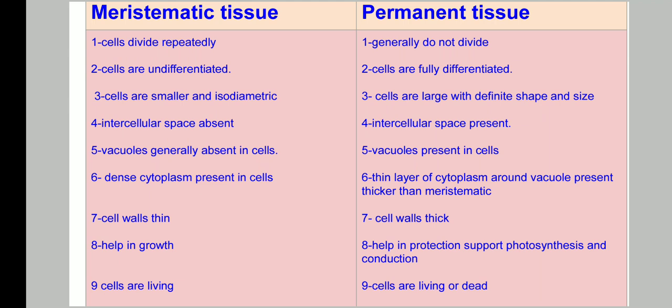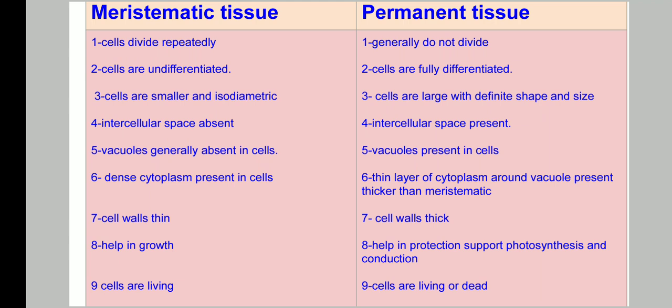Then next, vacuoles are generally absent in meristematic tissue because there is no need to store anything, and in permanent tissues, large vacuoles or vacuoles of different size are present.